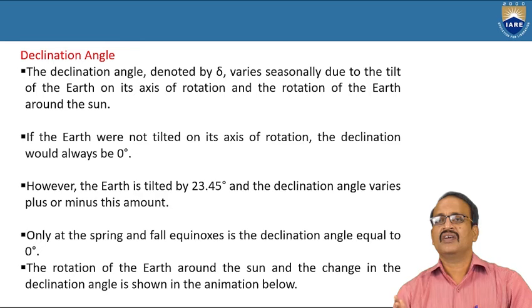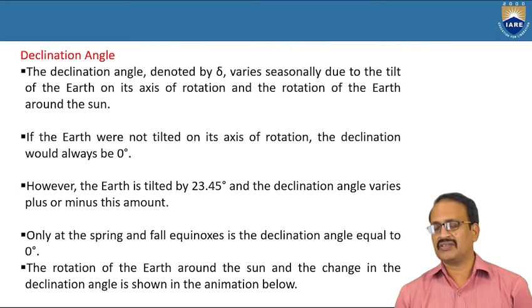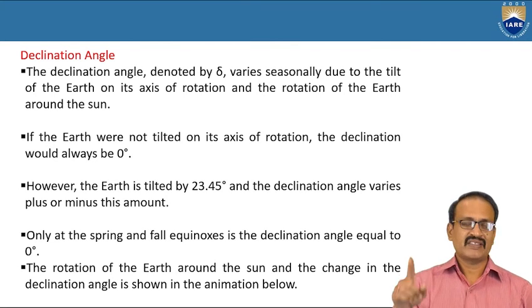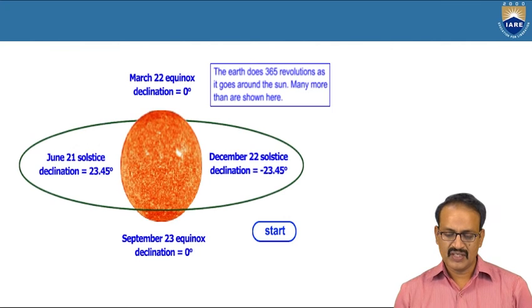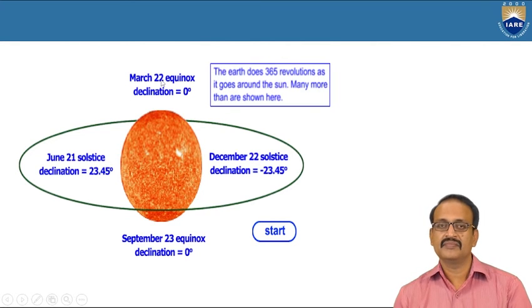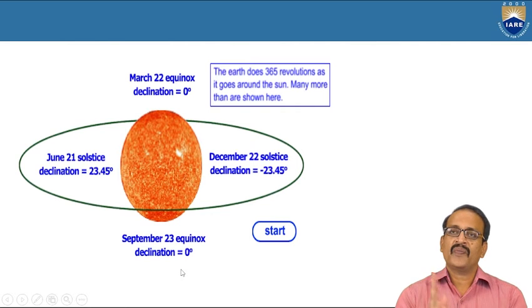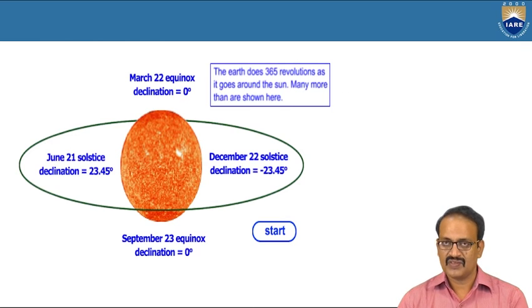So it will be moving. Only at the equinox, which happens only 2 times in a year, will the angle be exactly 0. We have to keep that in mind. The equinox happens on March 22nd and September 23rd, so there is no declination of the Earth; it will be exactly 0.